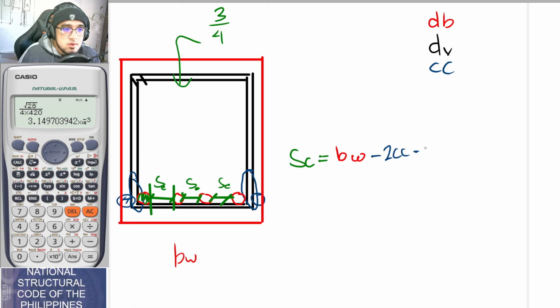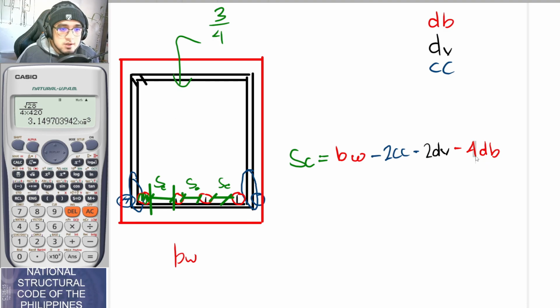So minus 2dv. And we have 1, 2, 3, 4, so we have 4 bars. So with that, guys, minus 4dB. That is if you would be having 4 rebars. But for example, if you would be having 3 rebars, then that is to be 3 dB.